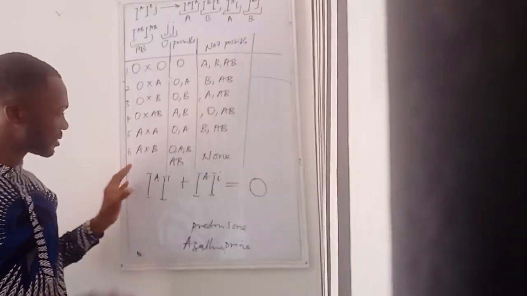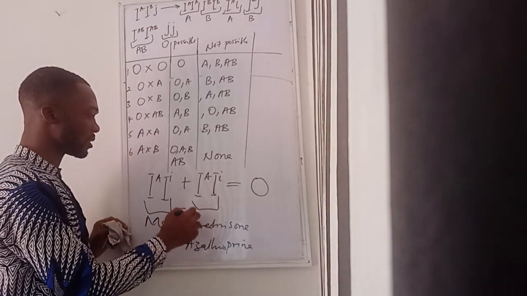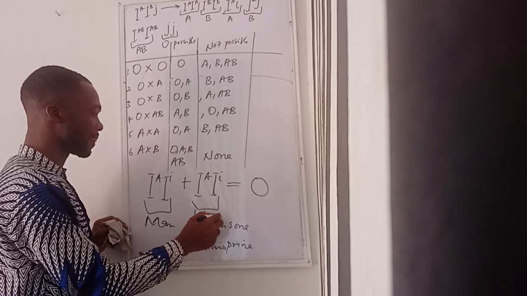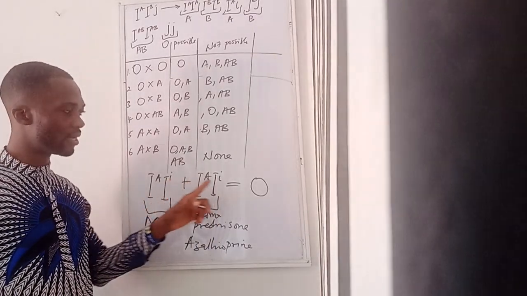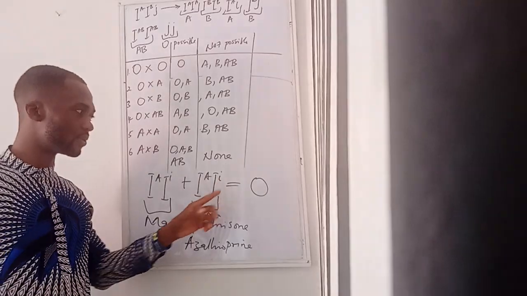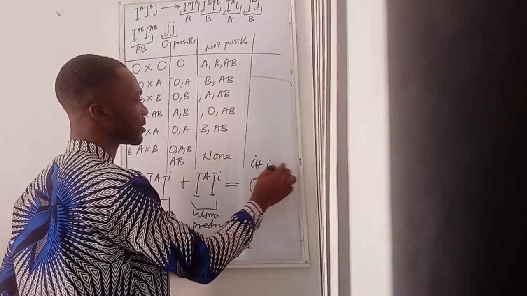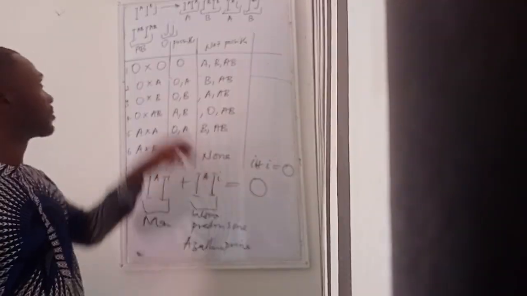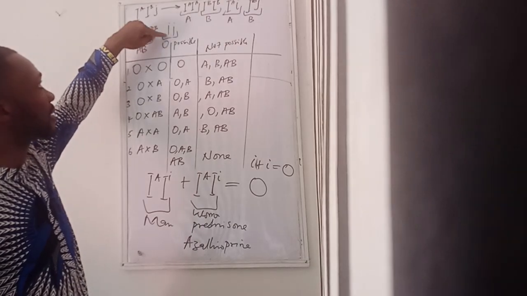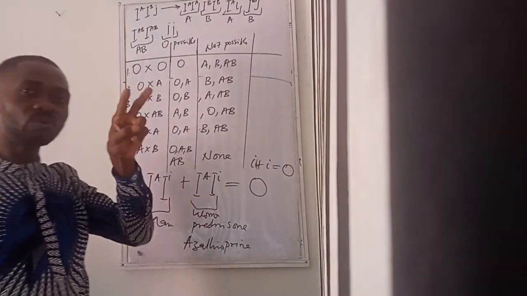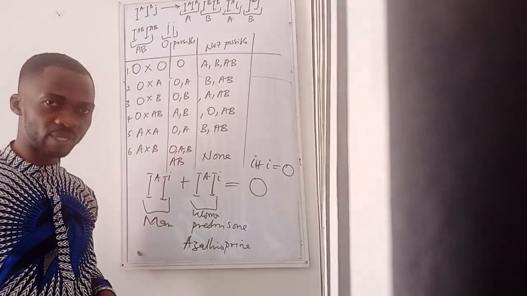So if this is a man, and this is the woman, then this man can contribute the i allele, and this woman can contribute the i allele, and this i plus i will now give you the blood type O.